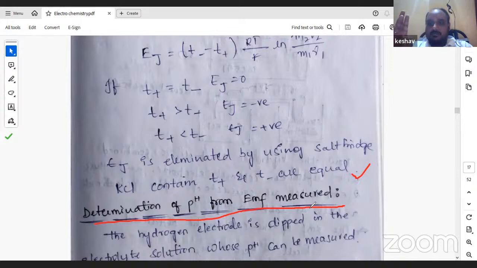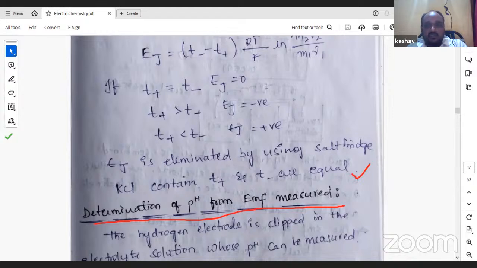One more will be there, determination of solubility product, right? Determination of solubility product. Then further potentiometric titrations and some other topics will be there. So those topics we'll discuss in the next class.